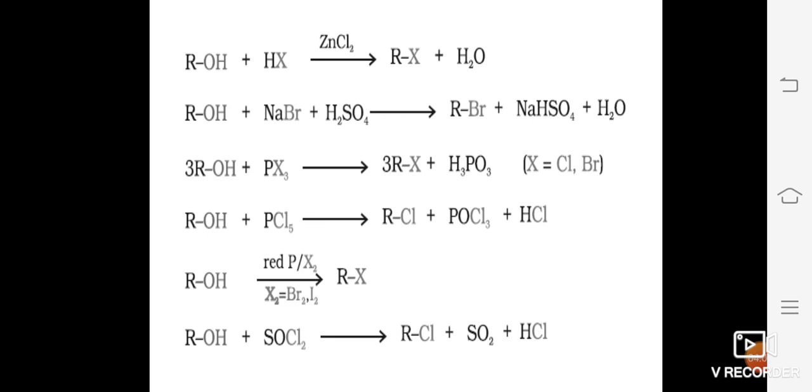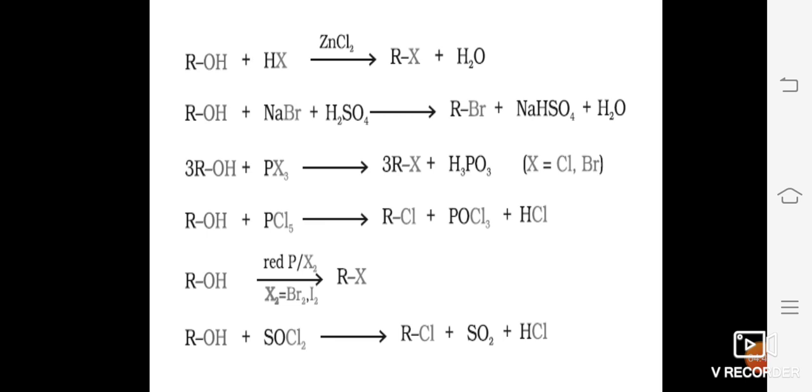In a specific example, alcohol plus phosphorus pentachloride gives the alkyl chloride plus phosphorus oxychloride, POCl3, and HCl. POCl3 and HCl escape as gases, and purification needs no further processing.